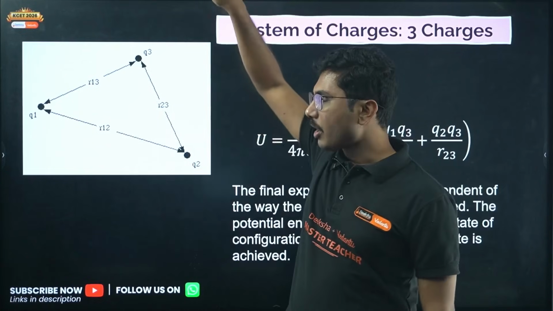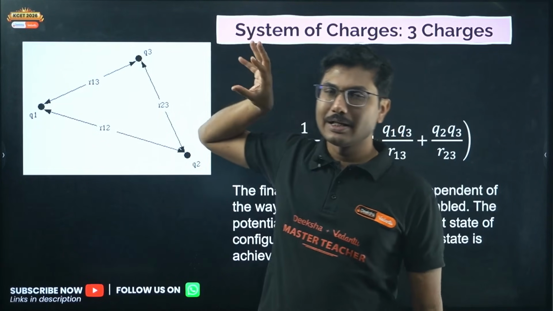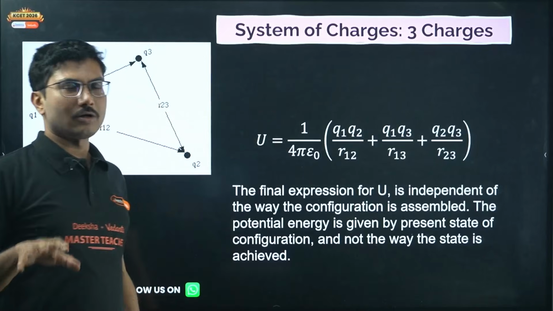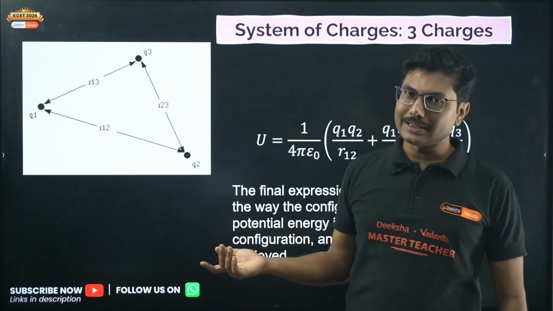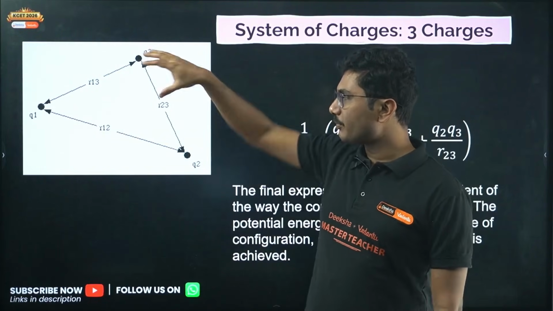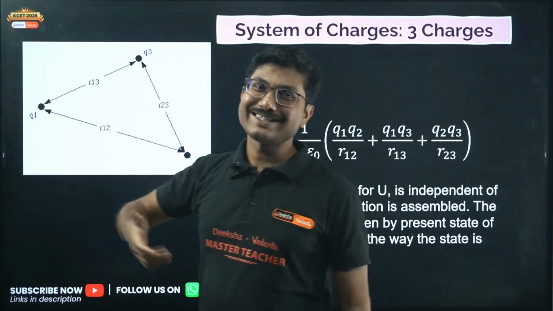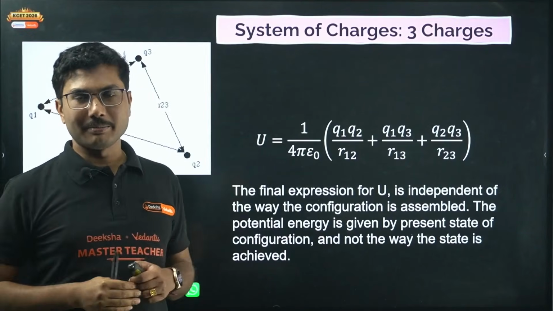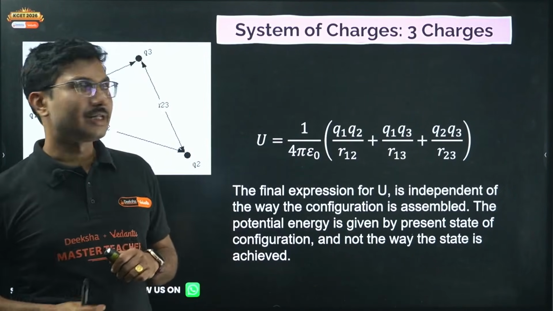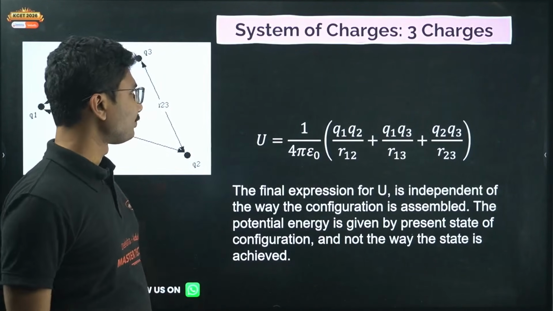So the order in which it is assembled does not matter. You can bring any charge first, any charge next. Only thing you have to be careful about is the distances. If distances are the same, then the way you have assembled it, the potential energy is independent of that.